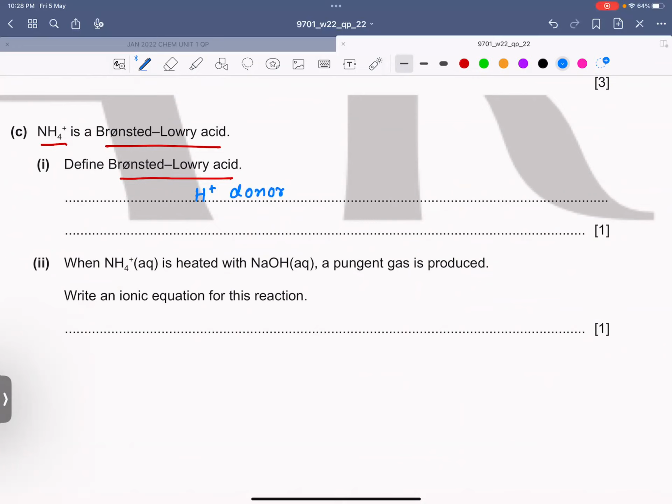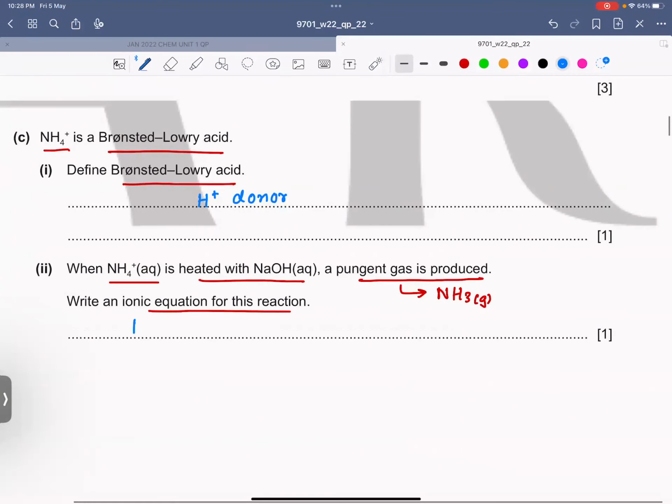Then next part, when aqueous ammonium ion is heated with sodium hydroxide, a pungent gas is produced. That pungent smell gas is basically ammonia gas. Write an ionic equation for this reaction. For the ionic equation, ammonium ions are acidic, as mentioned over here.